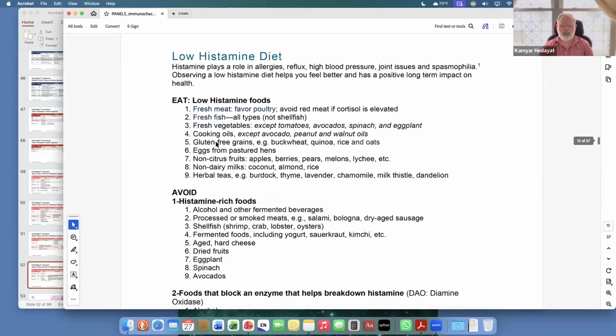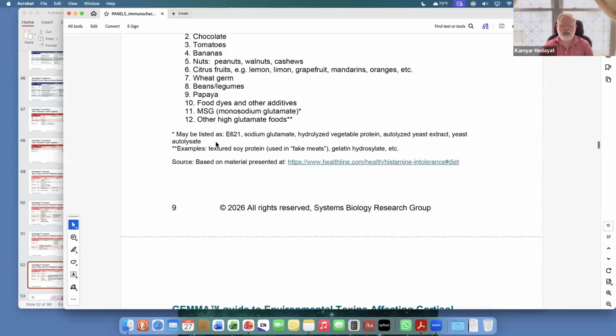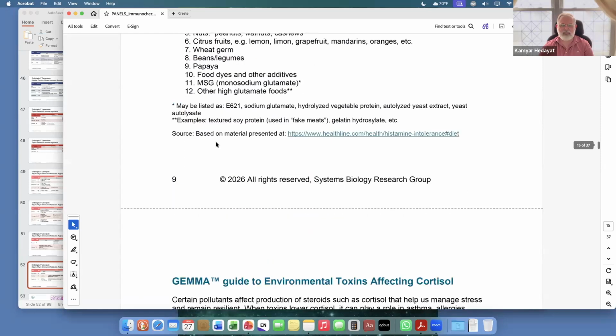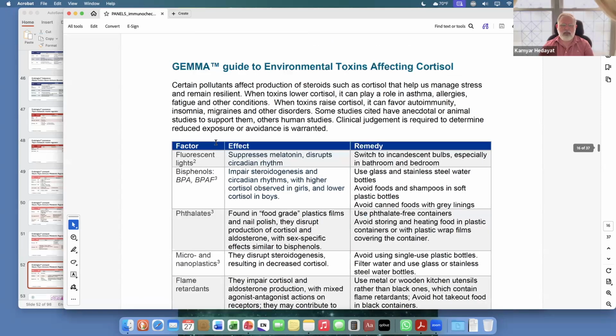There's a guide to environmental toxins that can affect cortisol, a quick reminder of signs and symptoms related to the corticotropic and thyrotropic axes, a discussion section. So here I'm going to explain immunity to you in a slightly different way from what I did today.